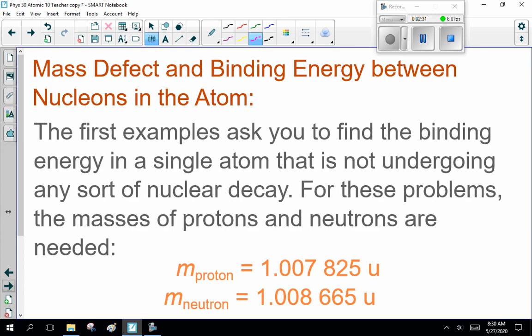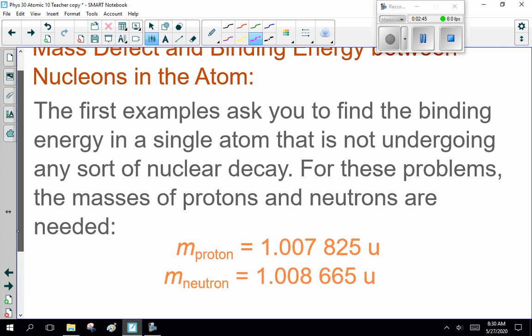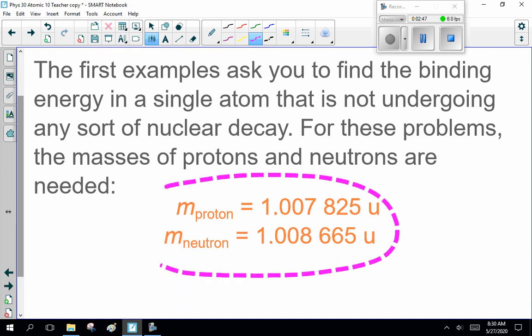All right. Now, mass defect and binding energy between nucleons in the atom. The first examples ask you to find the binding energy in a single atom that is not undergoing any sort of nuclear decay. For these problems, the masses of protons and neutrons are needed. And once again, here are the masses of protons and neutrons, more precise than what's on the formula sheet.